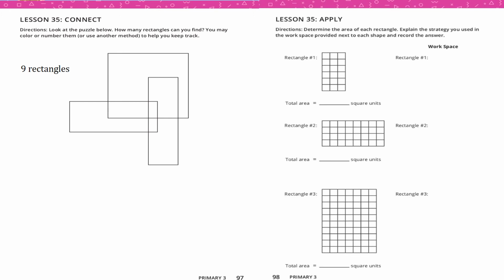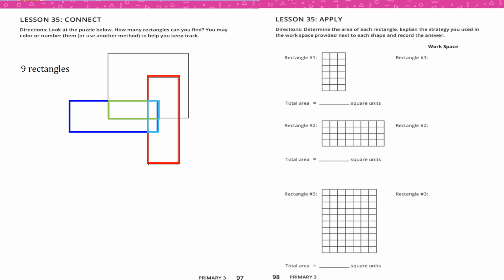Lesson 35. Look at the puzzle below and how many rectangles can you find? How many colors or number of them? Let's find our rectangles. The first one here in blue, the second in red, third in green here like this.